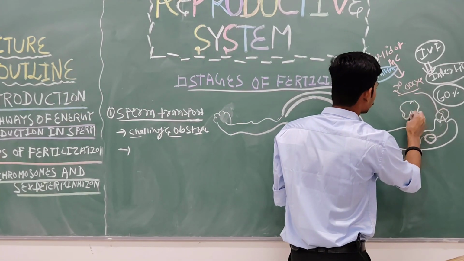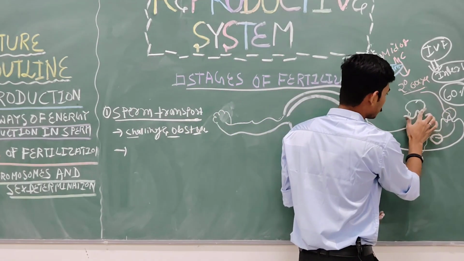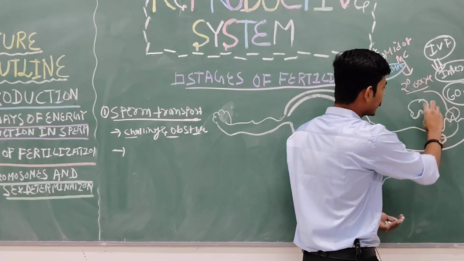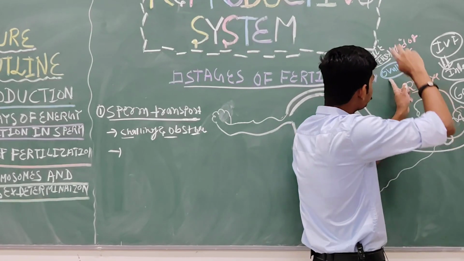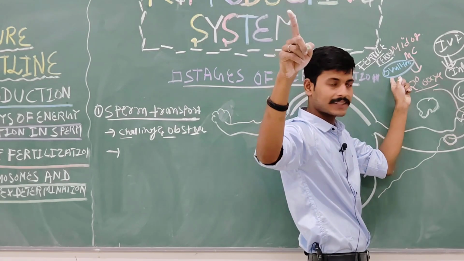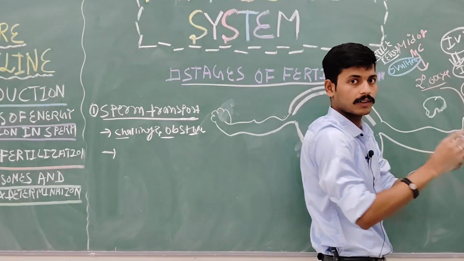There is the corpus luteum, isn't it? From where there is a rupture of the Graafian follicle, and on the 14th day, due to the LH surge, there is a release of the secondary oocyte from the mature follicle.